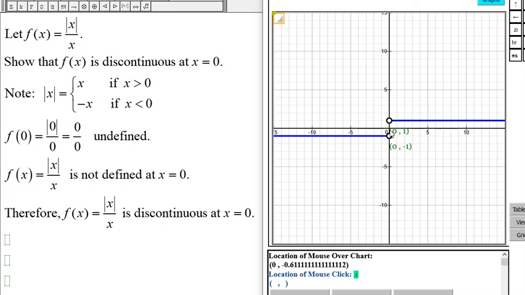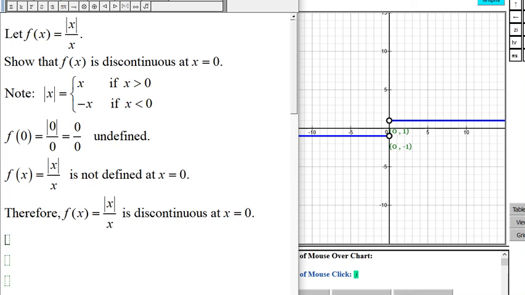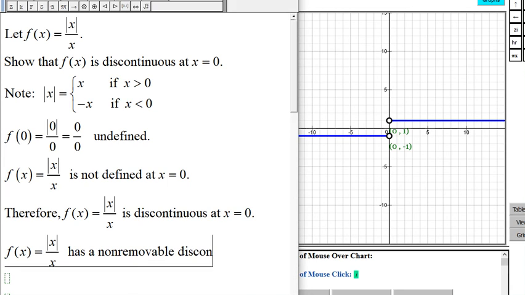And at x equal to 0, we have a gap right here. Whenever we have a gap like this, we say that it has a non-removable discontinuity. So this function right here has a non-removable discontinuity at x equal to 0.